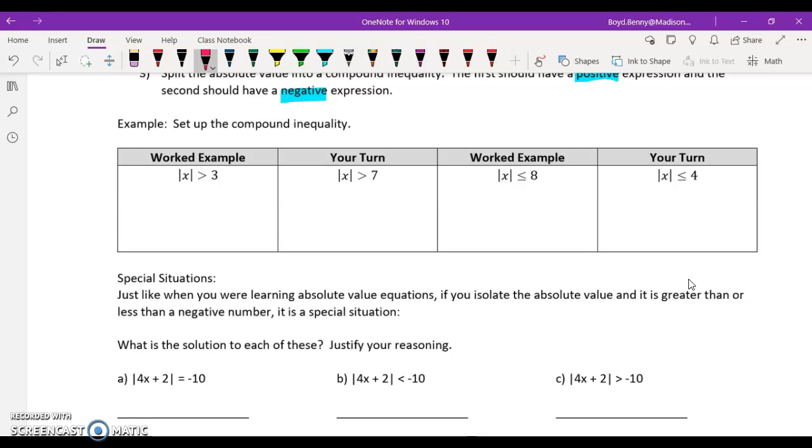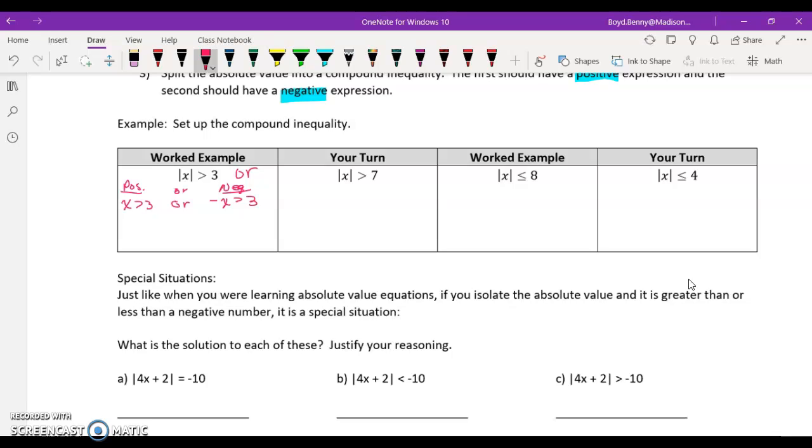This one is pointing away, so this is obviously an or problem. So I need a positive and I need a negative with the word or between them. So I would have x is greater than 3 or negative x, the opposite of x, is greater than 3.